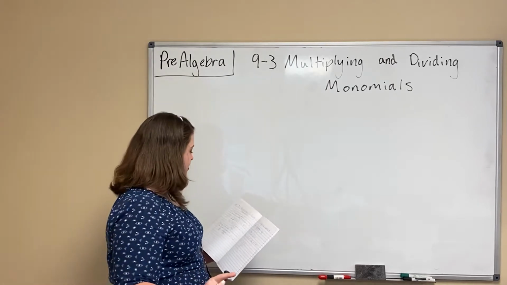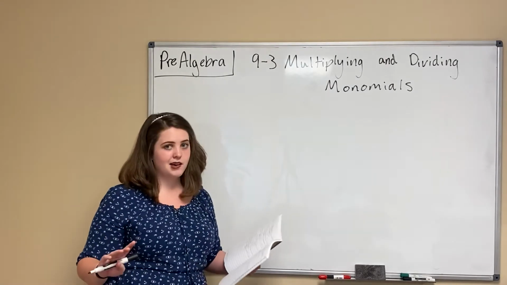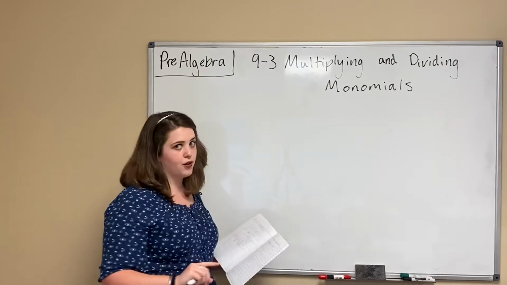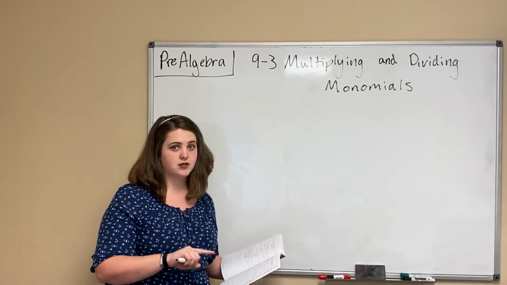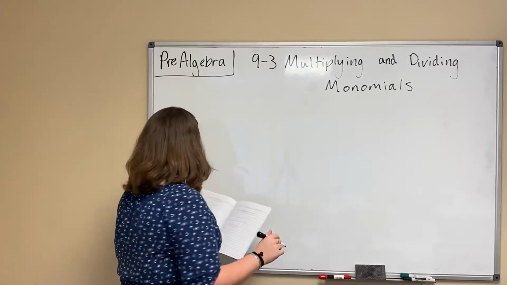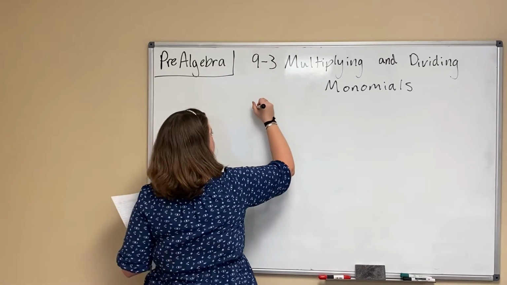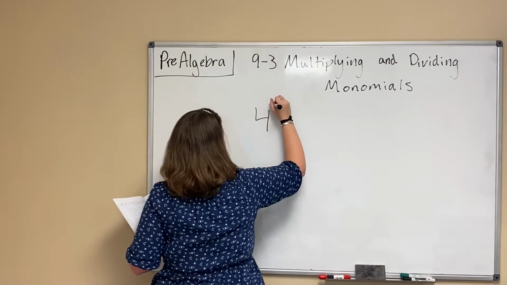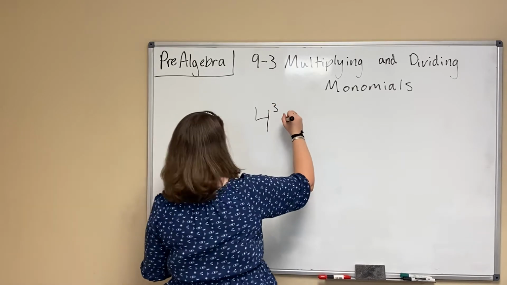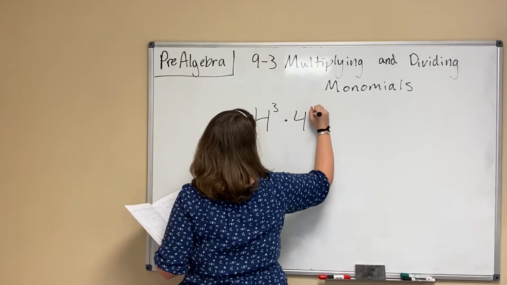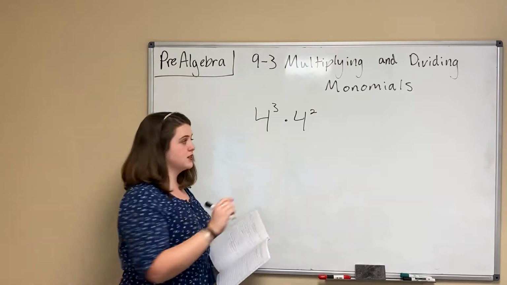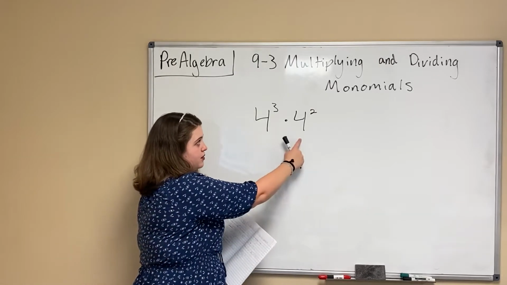To start out, I just want to say, anytime you multiply powers that have the same base, you add their exponents together. So what that looks like is, if I had 4 to the third times 4 to the second. You see these are powers that have the same base of 4.